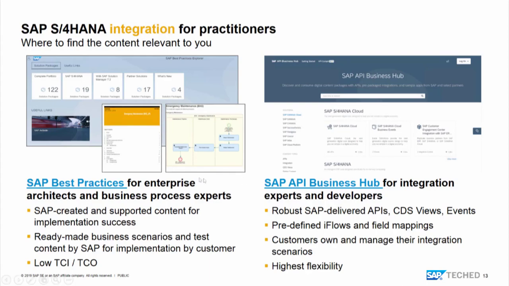The best practices cater really to the enterprise architects and the business process experts, to figure out where the business value is in any particular business scenario. While on the API Business Hub, you find the details like integration flows, pre-configured ones.